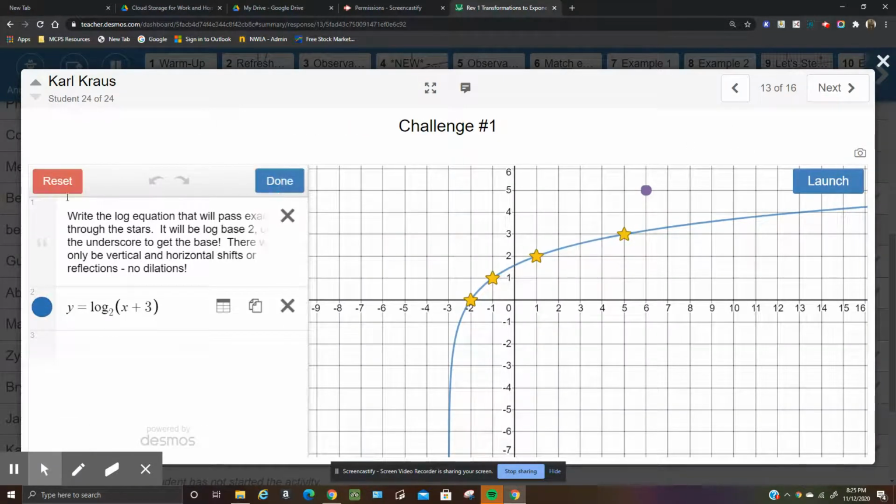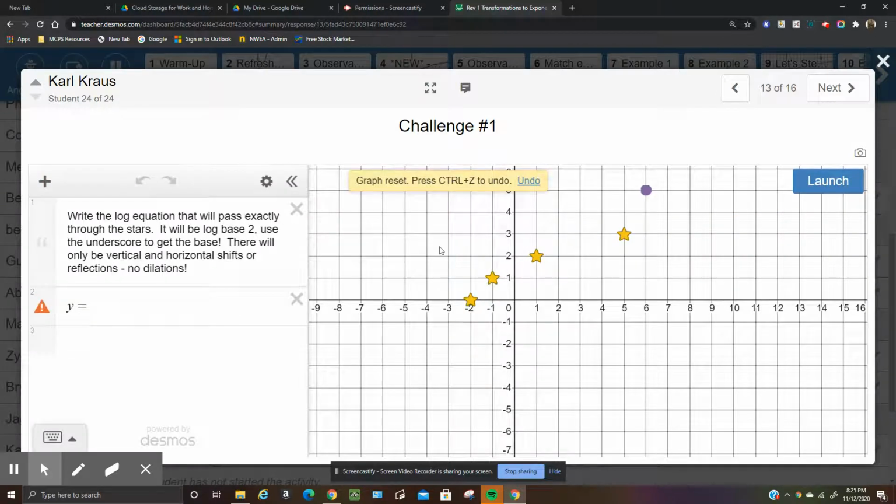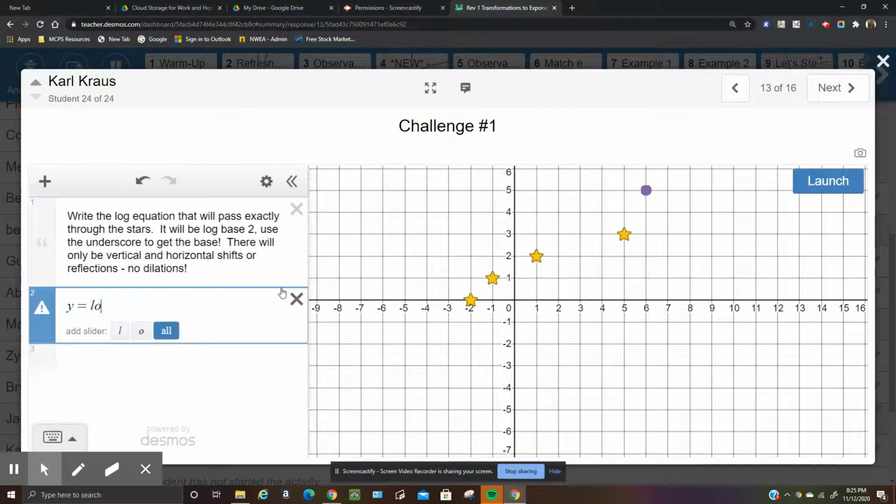Let's reset this one. So it looks like I want the asymptote to be -3, and I want to do log. And then base 2: if you hit the shift and then the key next to 0, it gives me a subscript. So log base 2. Then hit the cursor to the right.